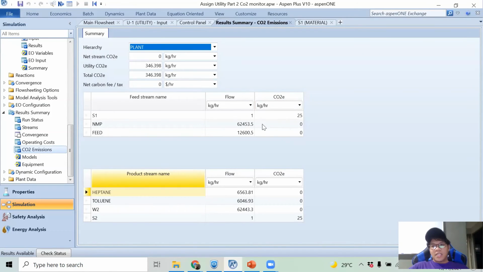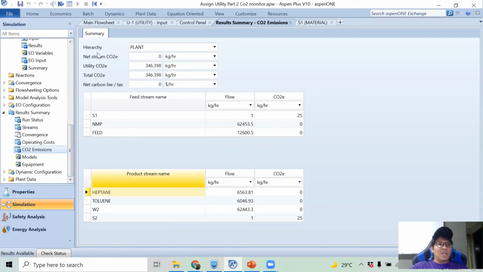In this case, every 1 kilo of methane is 25 or 24 times more potent, I would say, in capturing thermal or radiant energy from the sun, which is the reason why it is called CO2 equivalent. It's like 1 kilogram of methane is equal to 25 kilogram of CO2. That's why it's called CO2 equivalent.